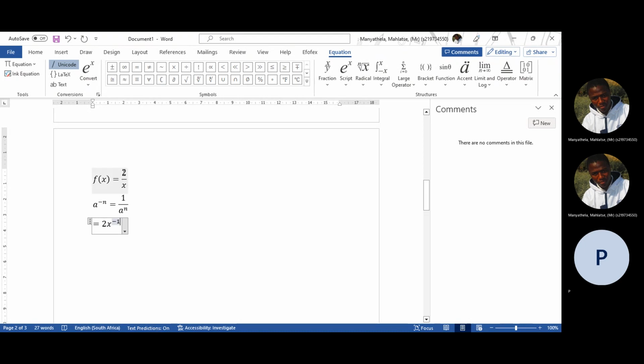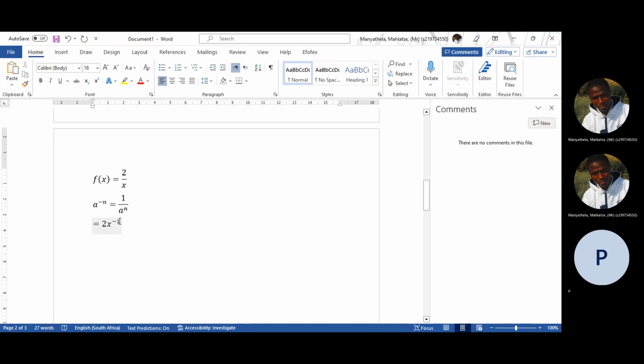So if they said to you, derive this function using rules of differentiation, the first thing we're going to take is 2 over x and write it as a to the exponent negative n. So 2 over x as a to the exponent negative n is equal to 2x to the exponent negative 1. So fine, let's use rules to differentiate.